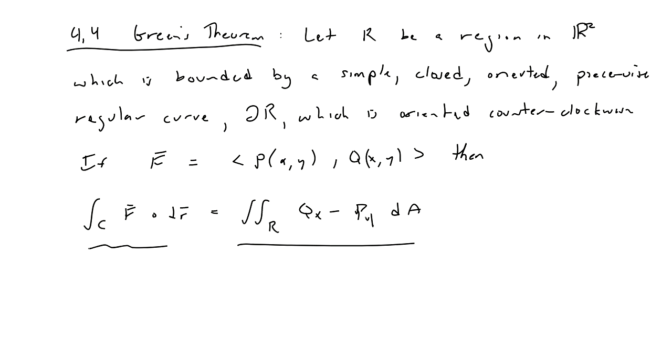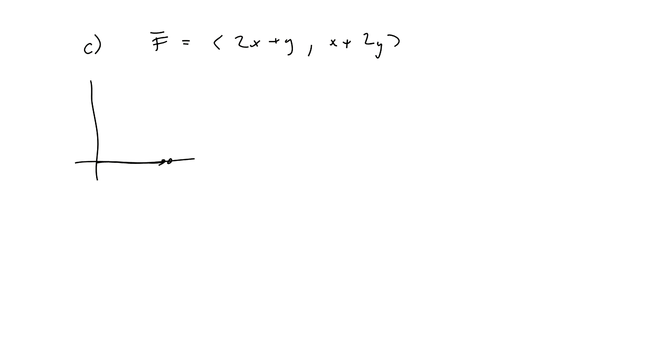So let me go back to the example, part C. So again, we have the function, we have the space, and what I'm going to do is add in this extra piece.